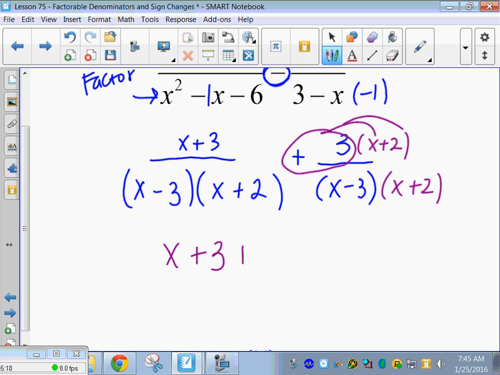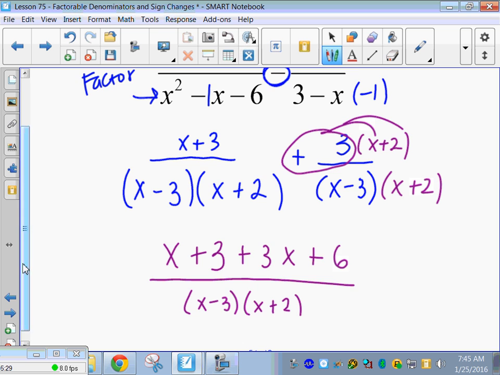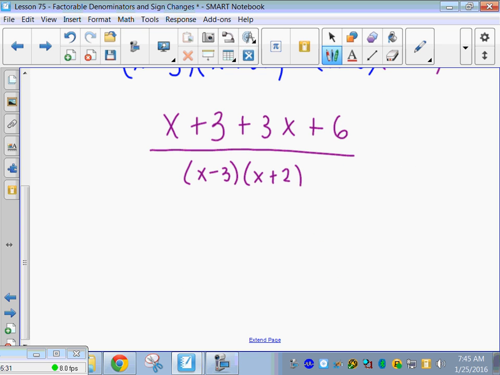So plus 3 gives me a plus 3x and a plus 6 all over our common denominator. And finally, we're going to combine like terms in the top. So I have x plus 3x gives me 4x, and 3 plus 6 gives me 9, all over our common denominator.